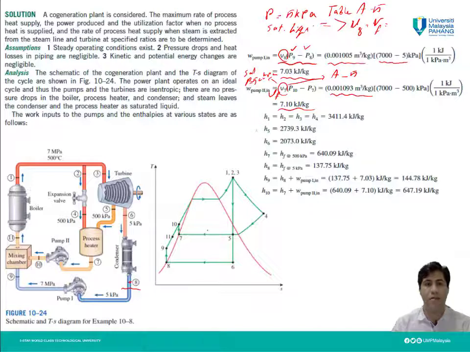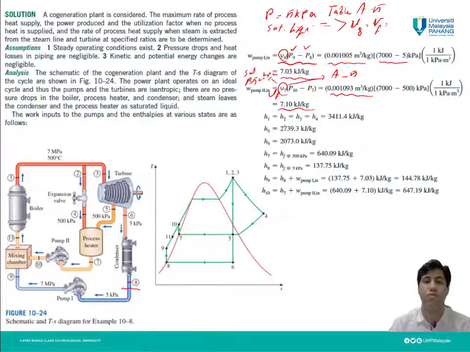Okay, states 1, 2, 3. As you can see here, 1, 2, 3, 4 are the states after the boiler, and we have their pressure and temperature. If you notice, these states are in the superheated region.